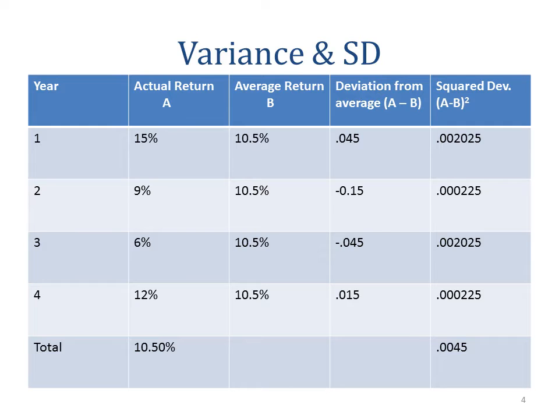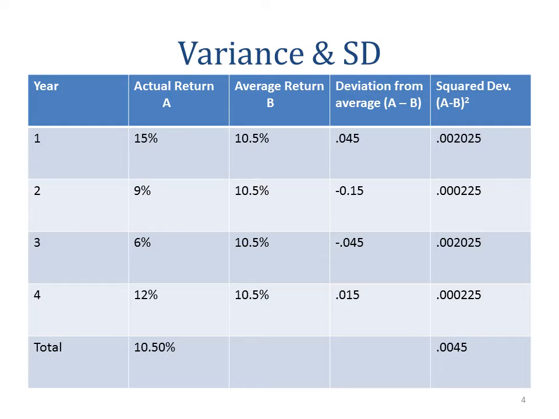Then we want to square that. Not square root, but square it. Take the second exponent. That does 2 things for us. One, as you may have recalled from stats, it will remove all the negatives. Negatives are hard to work with.